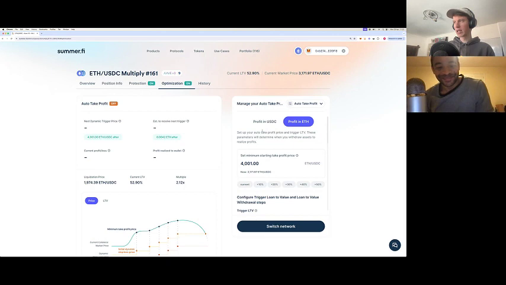Well, I think it makes sense to keep your auto buy and your auto take profit in sync. You can set the auto take profit much higher, obviously, but I think it makes the most sense to make sure that the price at which you start taking profit is higher than the price at which you stop buying with your auto buy.